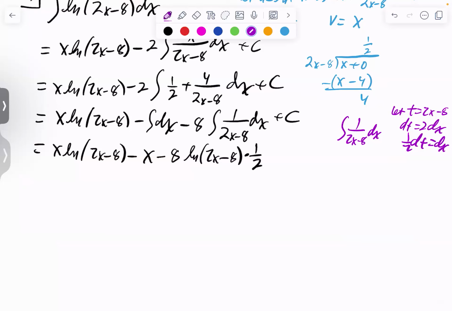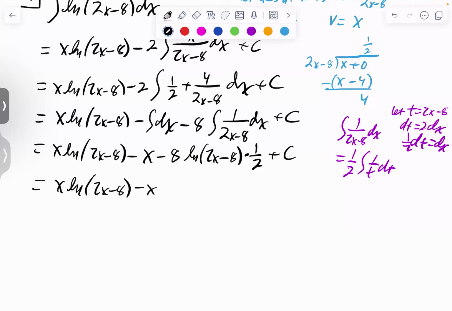So there's my extra 1/2 that you can see I'm going to get there. This becomes 1/2 integral of 1 over t dt. So there's that extra 1/2 that you see there. So this becomes x ln 2x minus 8 minus x.